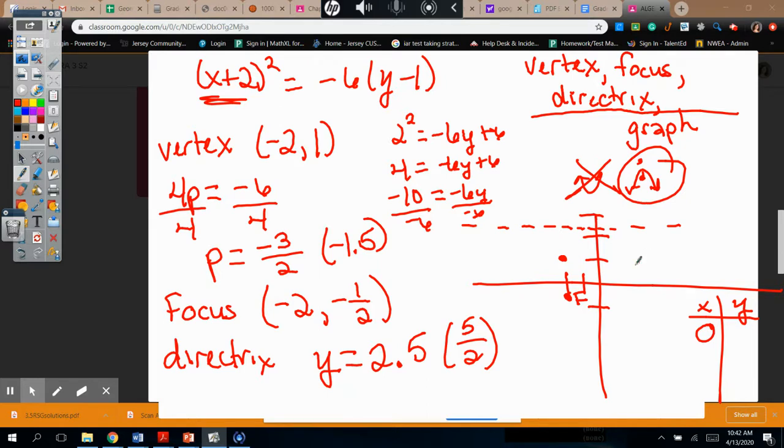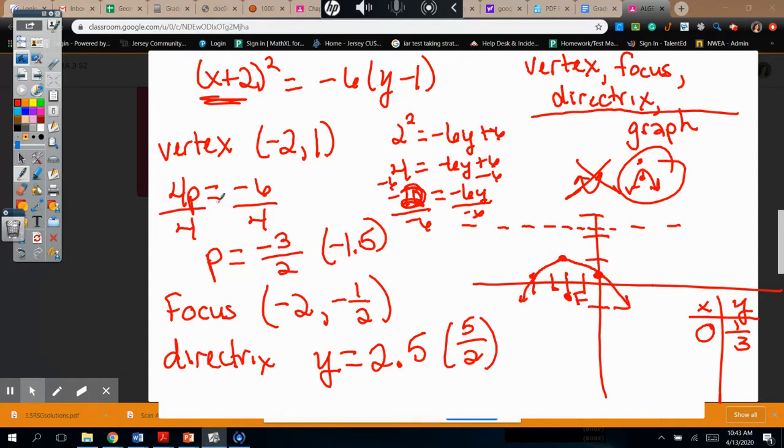Oh, there it is. -6 minus 6 is -2, so that will be 1/3. Sorry, I knew there was a mistake somewhere. 0, 1/3 would be here. There's symmetry, so if I go over 2, up 1/3 there, it's a wider parabola. That's good enough.